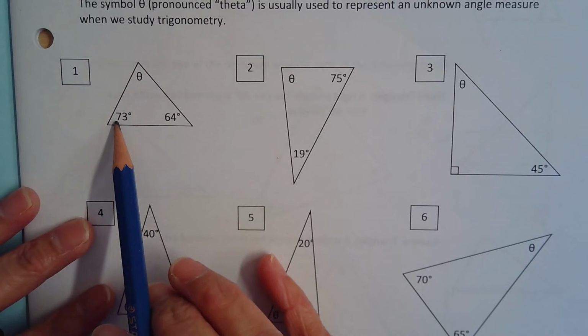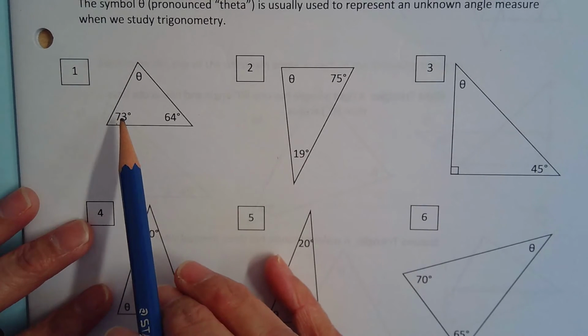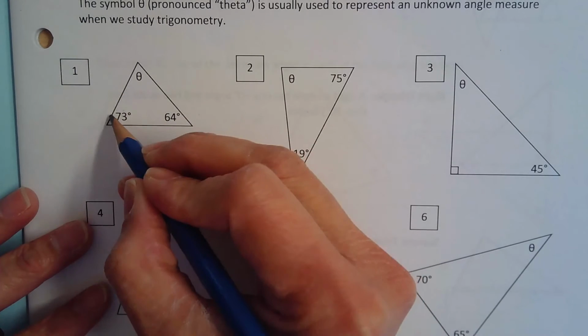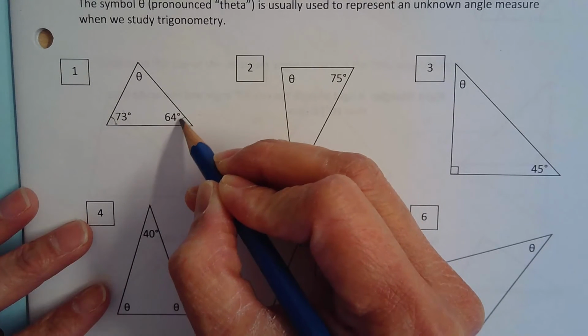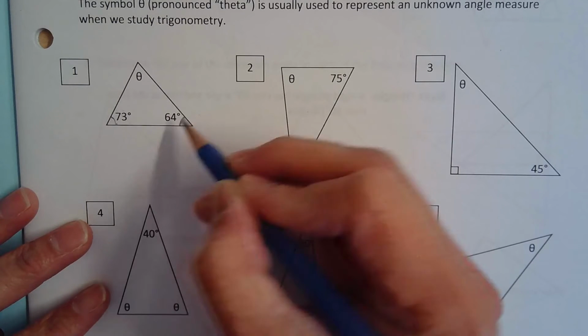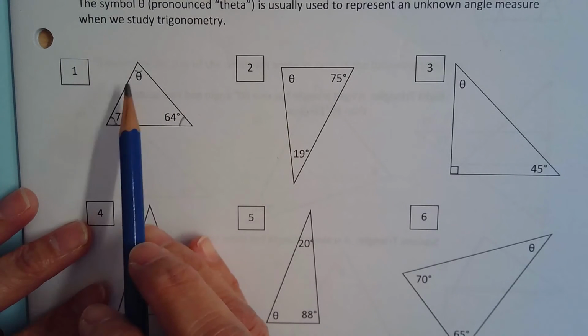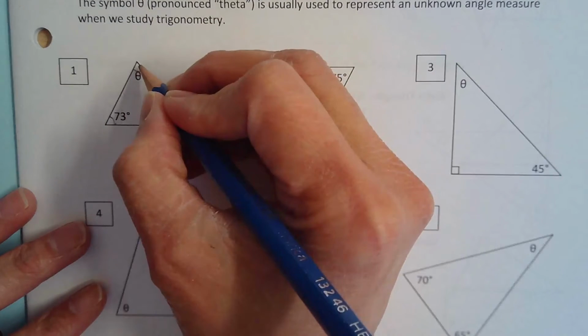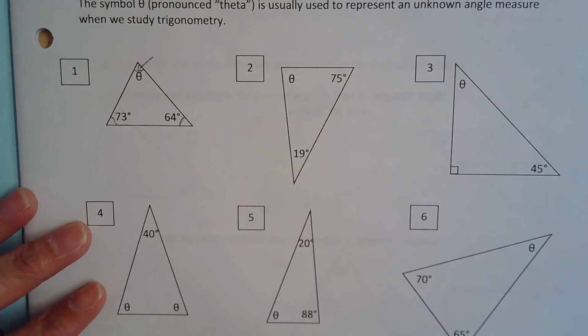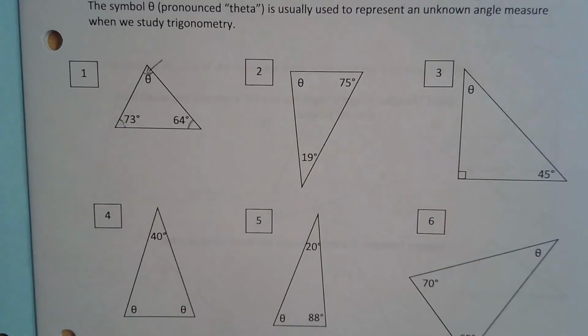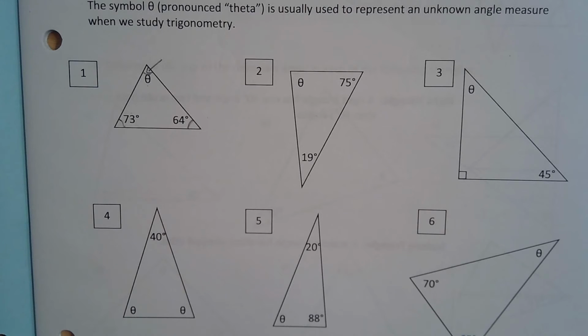So let's say this angle is 73, and this angle is 64 degrees. Is there a way to figure out this missing or unknown angle? How can we figure that out? 180 minus 73 plus 64, take away 180.